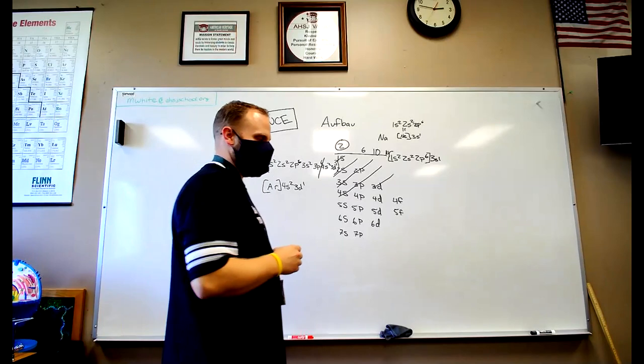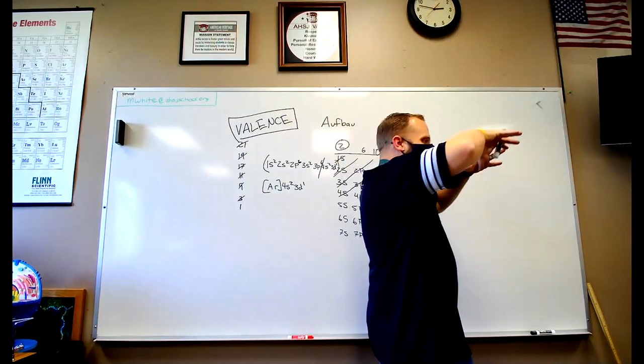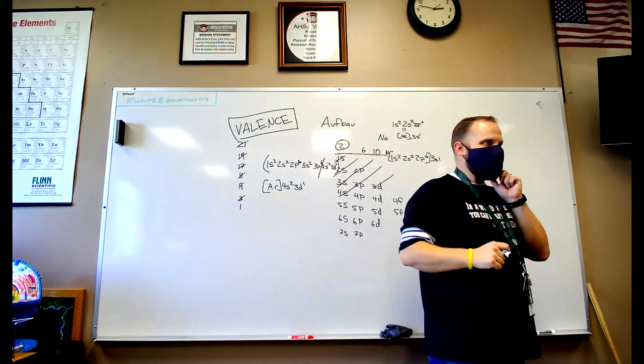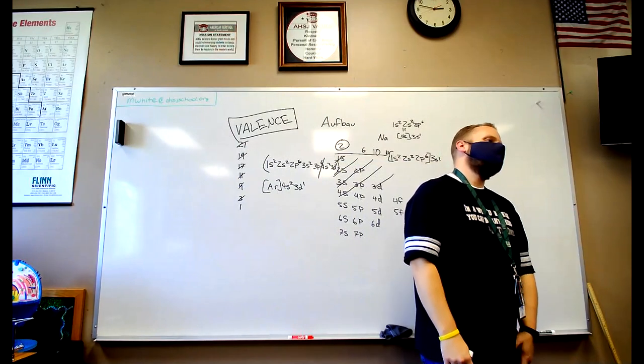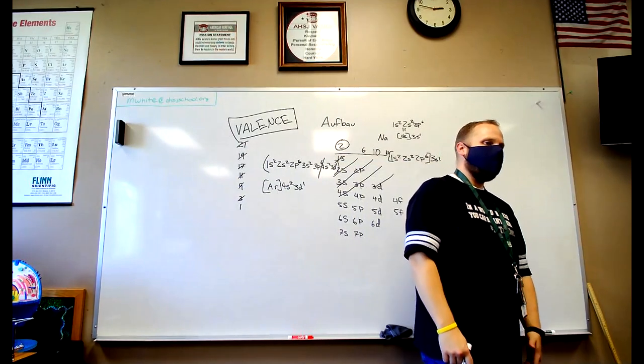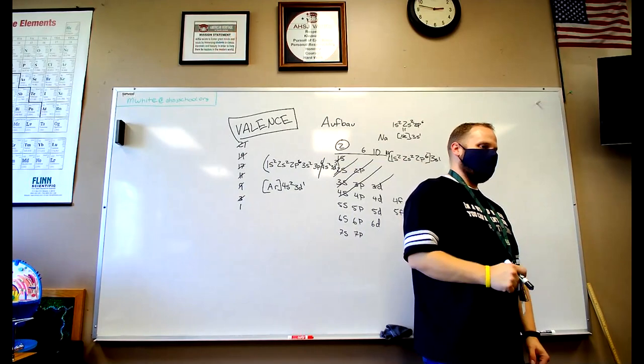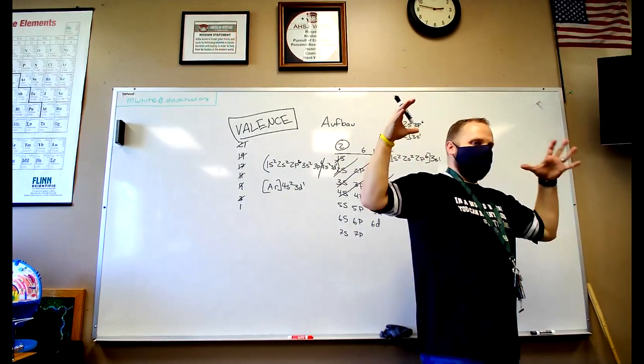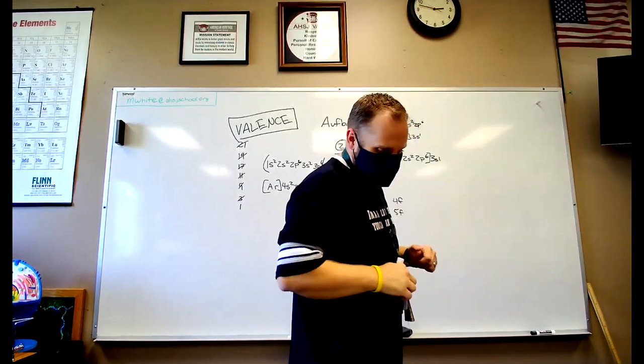A valence electron is one of the outermost electrons.